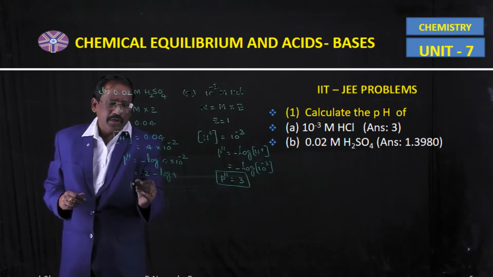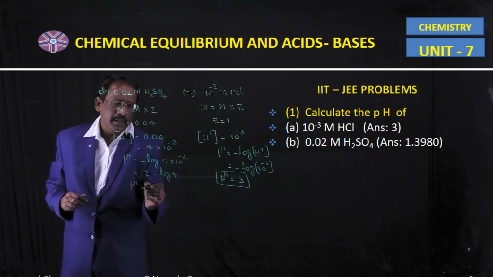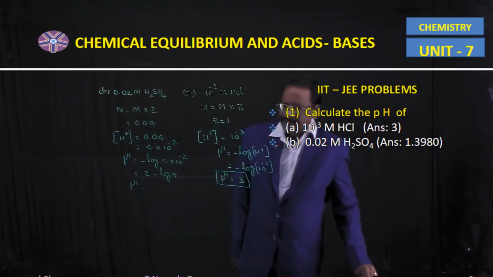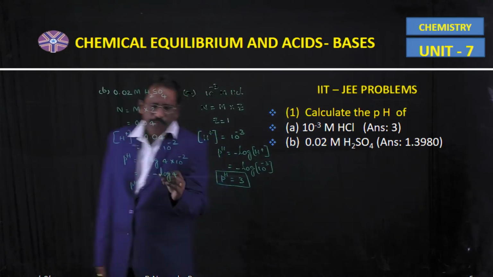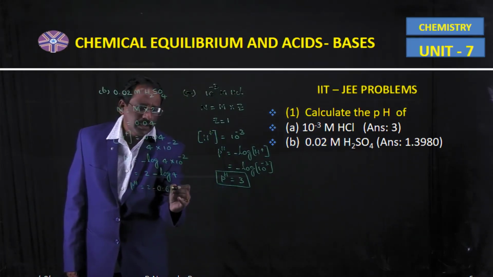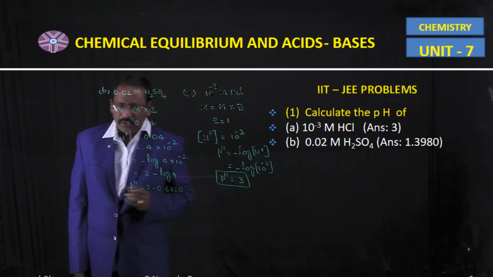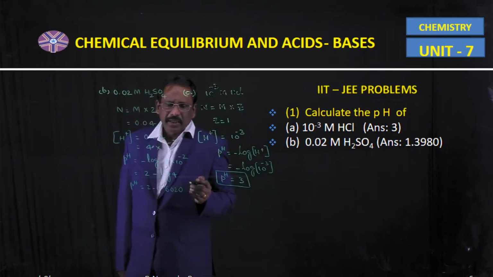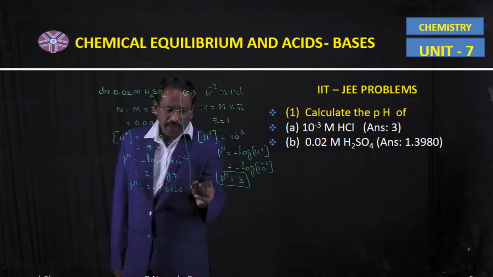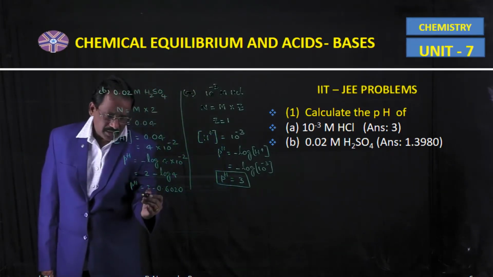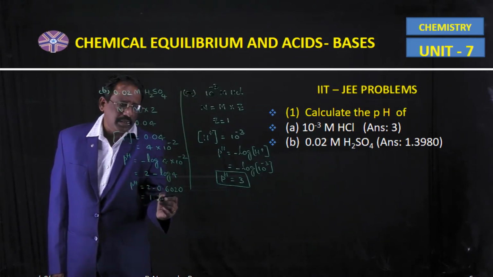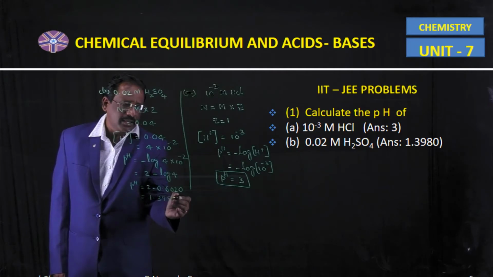So therefore pH of 0.02 molar sulfuric acid solution is equal to 2 minus 0.6020. Log 4 value is 0.6020. So therefore pH of this solution is equal to 1.3980.